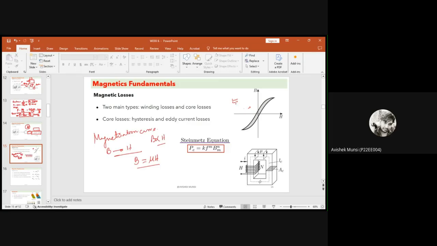It is a non-linear curve, as it is expected from the equation, it is not like that. There is a factor mu which we add over here, which typically depends upon this H, so that's why it is a non-linear curve. So this BH curve is often described as the hysteresis loop.